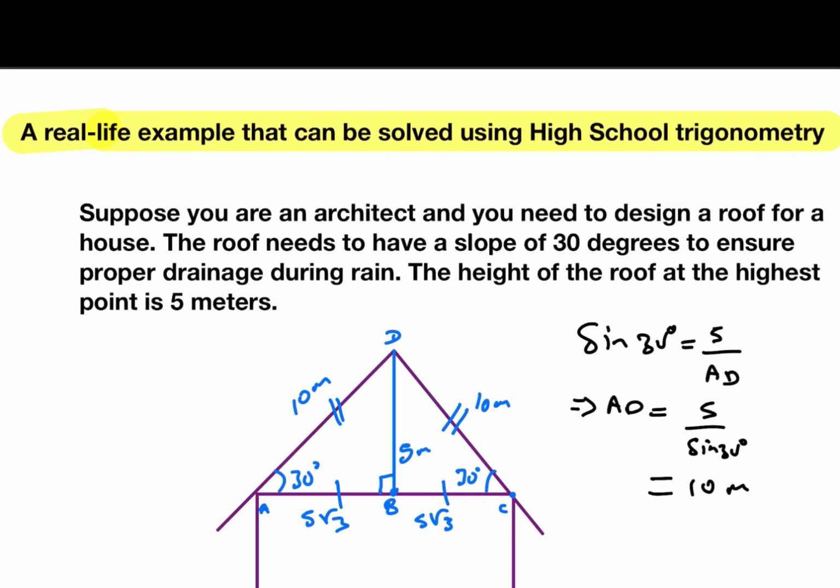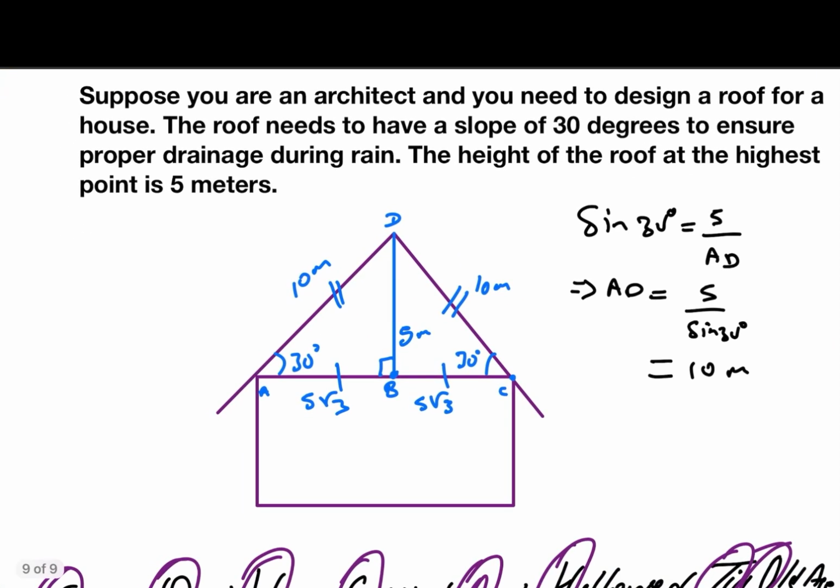Most architects are using trigonometry to its fullest. And what you just learned right now, it's basic high school maths that is able to solve a very important problem. Without understanding this basic maths, you wouldn't be able to design a good looking house.